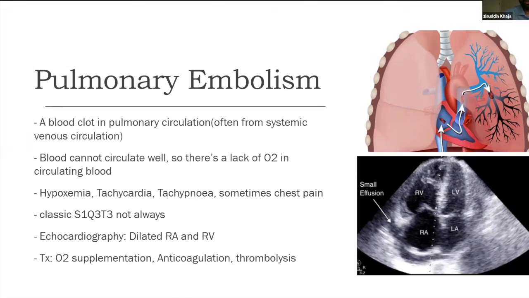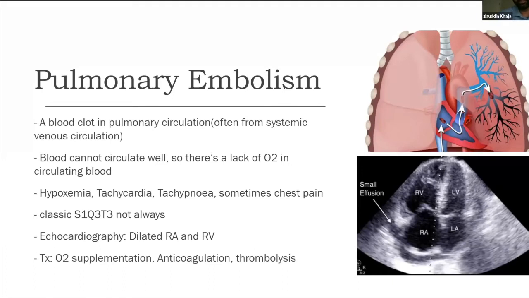And this S1Q3T3 pattern is not always present, although I've seen so many patients with PE without the classic ECG signs, but a sinus tachycardia is more likely for us to use. These days we're also more and more using 2D echocardiography at the bedside.